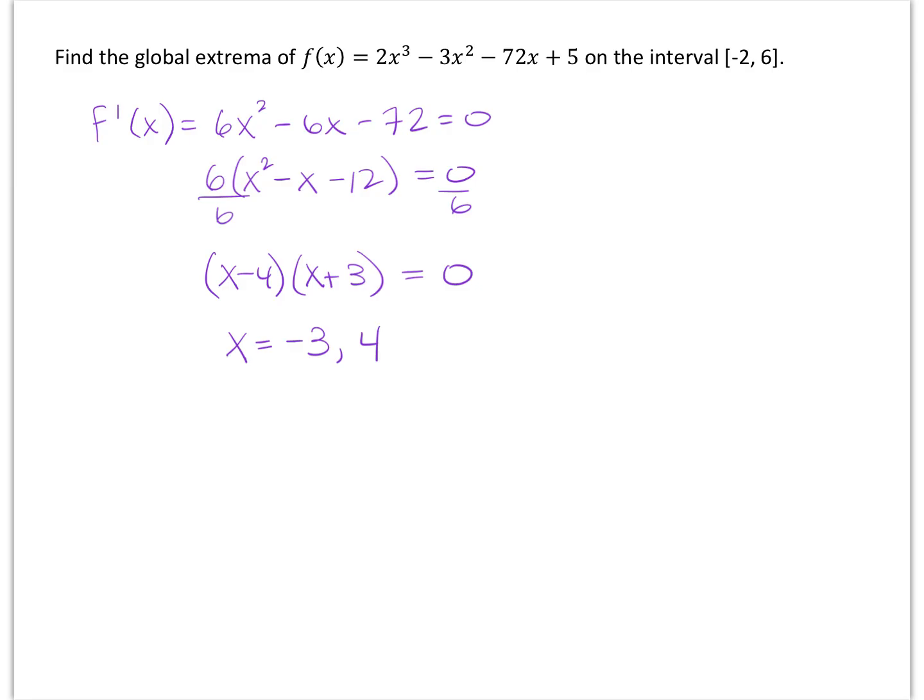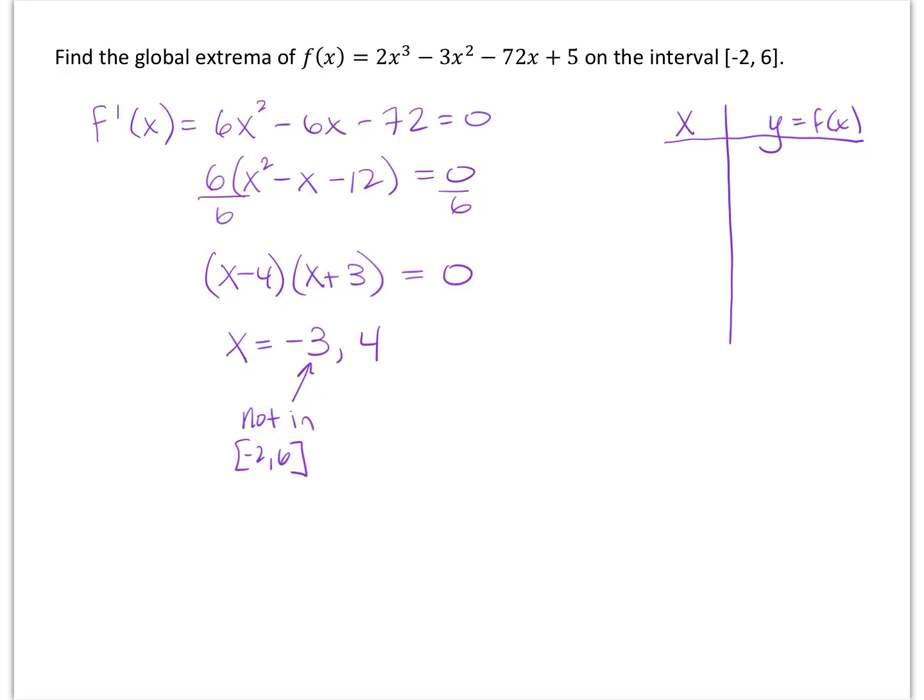I am interested in the interval from -2 to 6. -3 is not in that interval, so I don't care about it. What I want to look at is a table of values, x, y, where y is the original f of x.